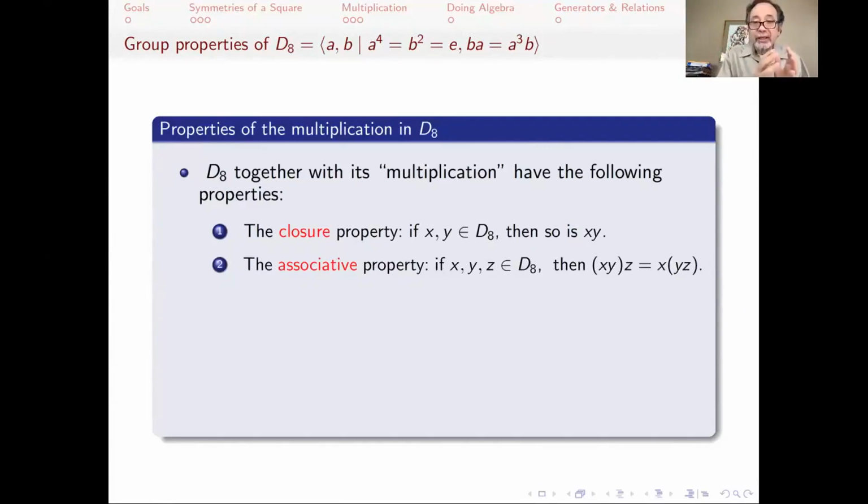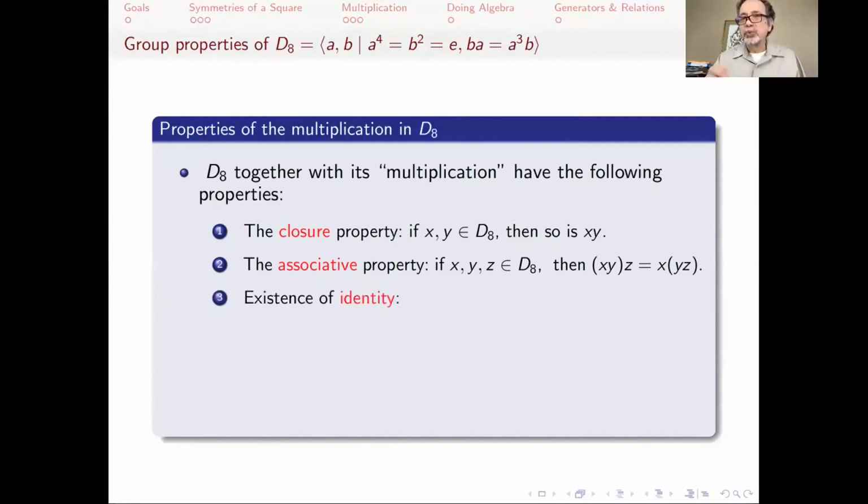So xy times z is the same as x times yz. And if you think about it, both sides are just saying do z first, then y, then x in terms of symmetries of the square. It doesn't matter if you combine z and y first or y and x first. That's really because function composition is associative.